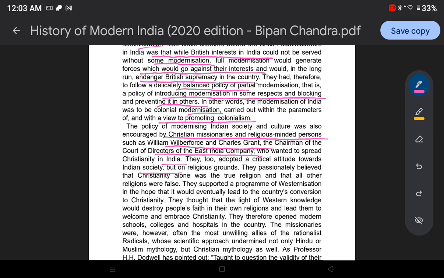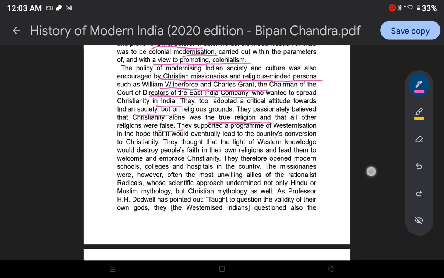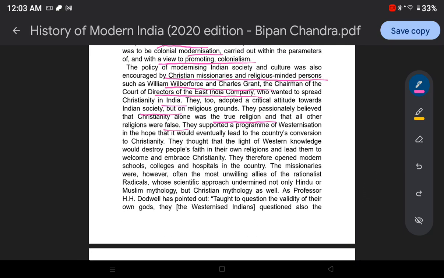They passionately believed that Christianity alone was the true religion and that all other religions were false. They supported a program of westernization in the hope that it would eventually lead to the country's conversion to Christianity. They thought that the light of Western knowledge would destroy people's faith in their own religions and lead them to welcome and embrace Christianity.